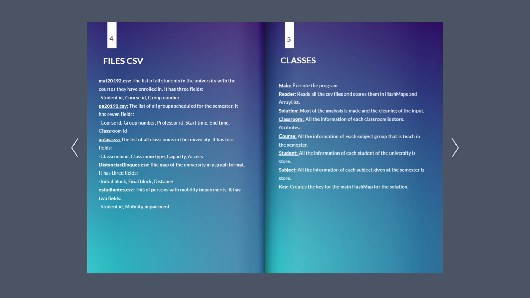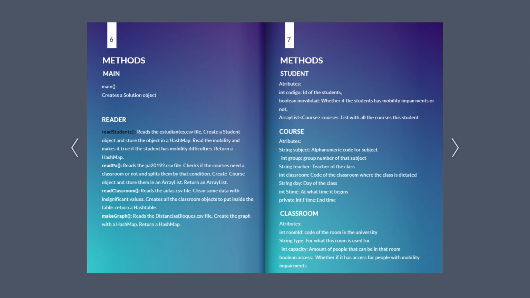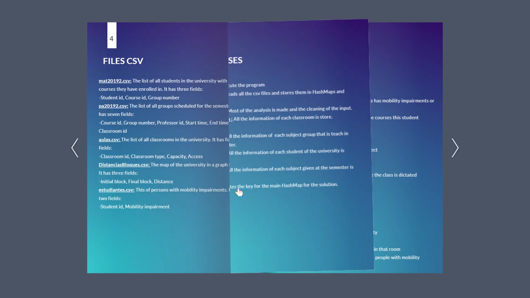So here are our classes that we made: a main, a solution, a classroom, a course, a student, a subject, and a key. I'm going to explain that in the code. First I'm going to say what each class is for.